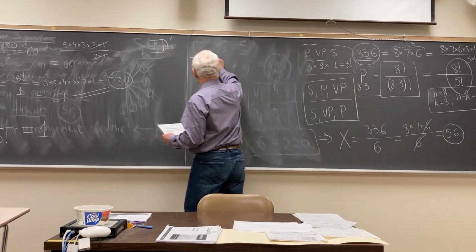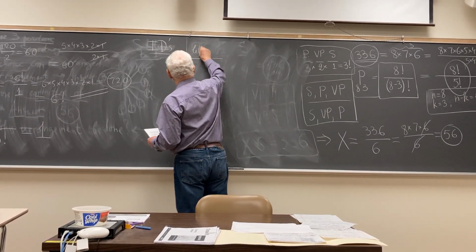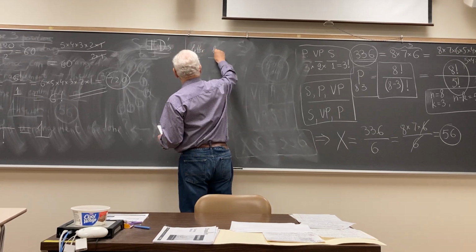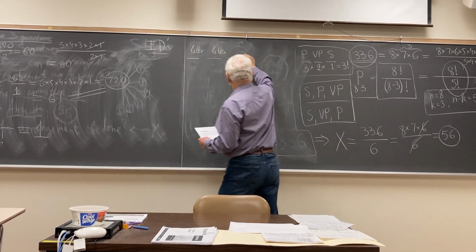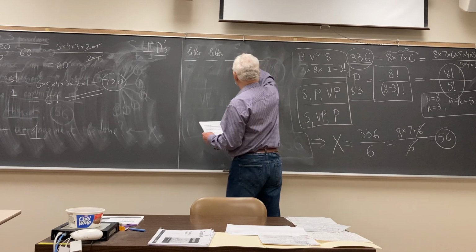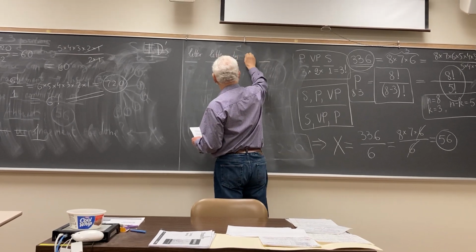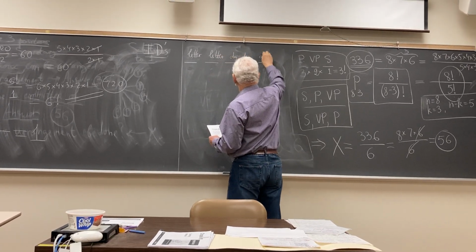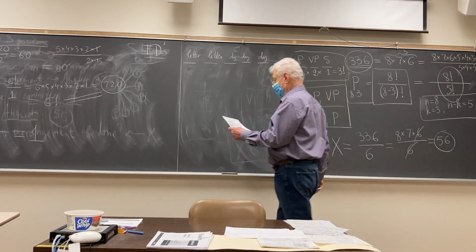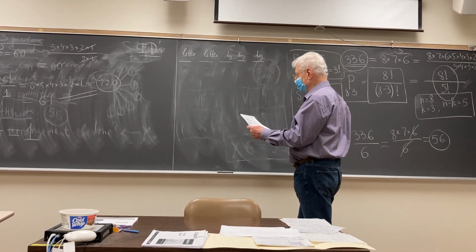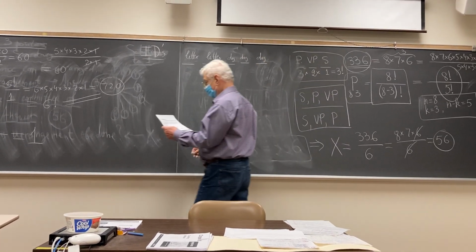Okay, let's write. So this is letter, followed by 3 digits. Okay, digit. Okay, if repeats are not allowed, no repetitions.